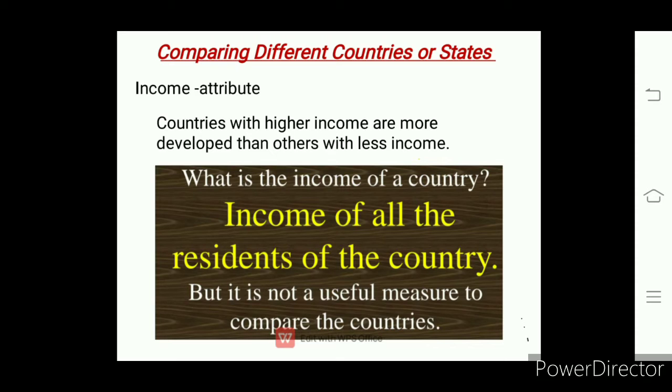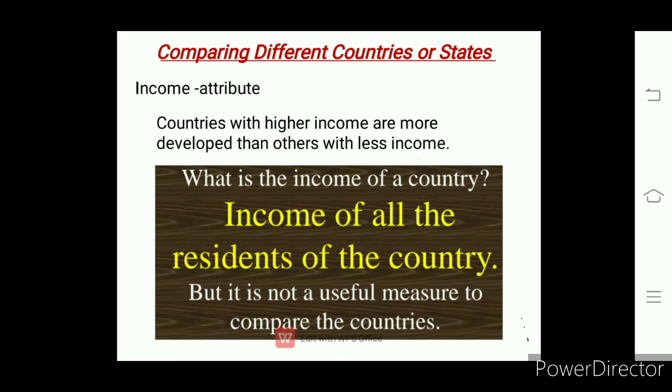And it is also used for comparison of the states. Which of the states are advanced in development in India and which of the states are less in development in India.